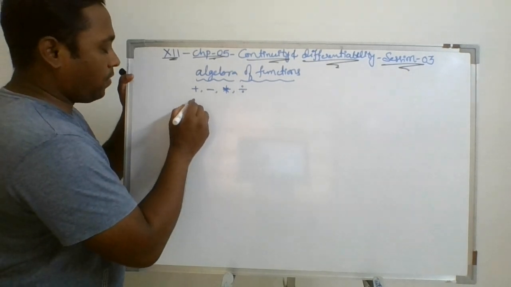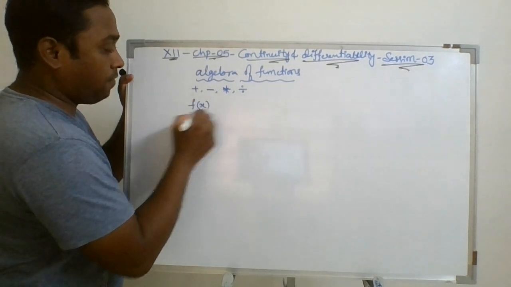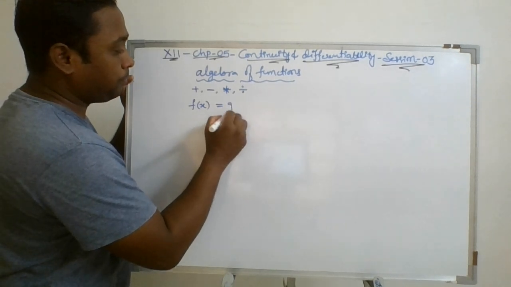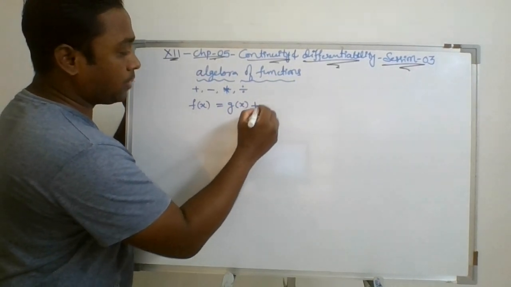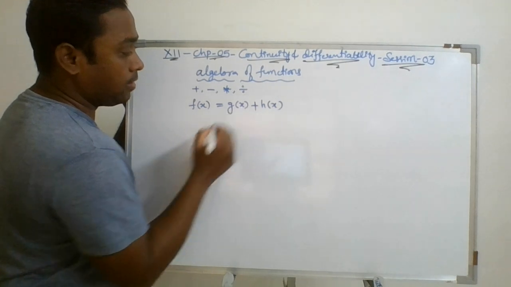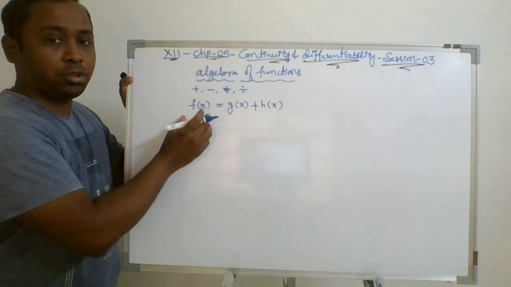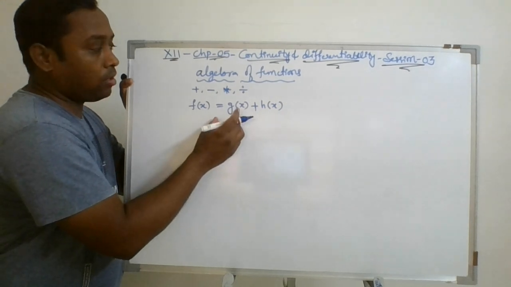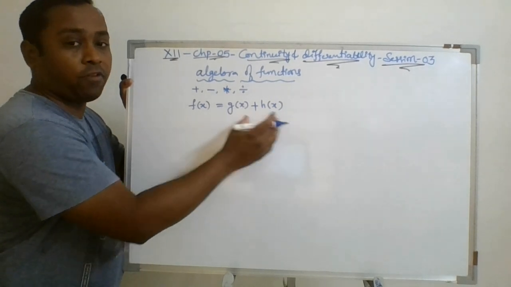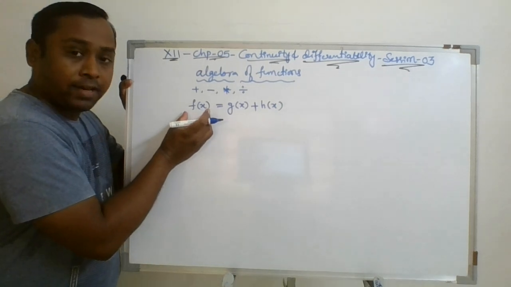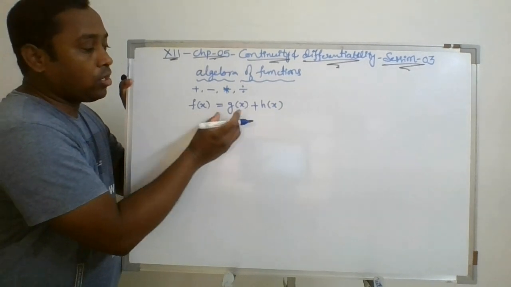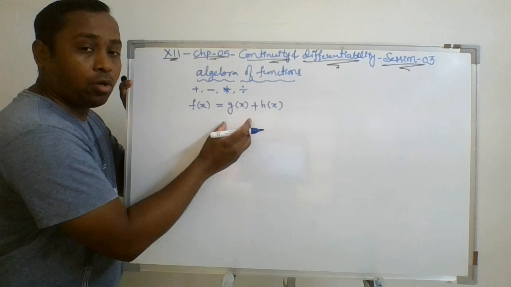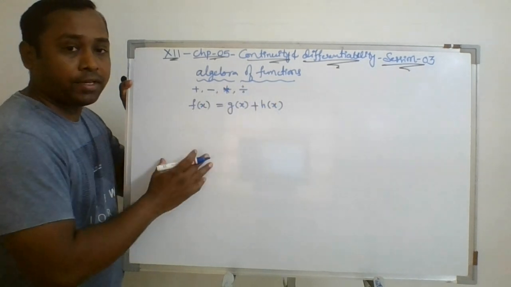So let us say I am defining f of x as g of x plus h of x. So here the function f of x is the combination, that is what algebra, addition of two functions. Hence f of x is called the algebra of addition of g of x and h of x.